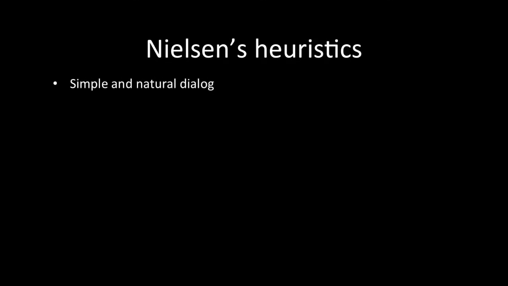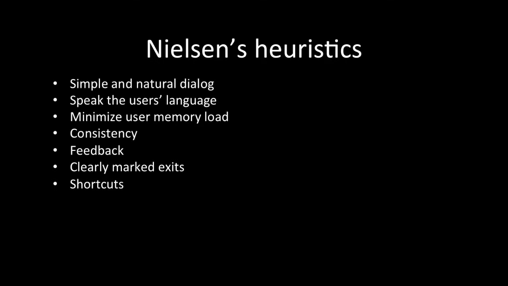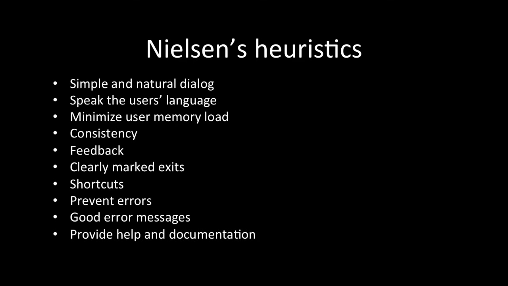Those include having simple and natural dialogue, speaking the user's language, which means not using technical jargon if you have users who won't understand it, minimizing the user's memory load so they don't have to remember too much, being consistent, and that means consistent within your own application, but also consistent with what users are used to interacting with, giving good feedback, providing clearly marked exits, so if a user doesn't know what they want to do, they can get out, having shortcuts for expert users, preventing errors, giving good error messages, and providing help and documentation.